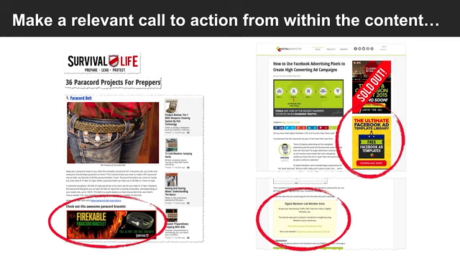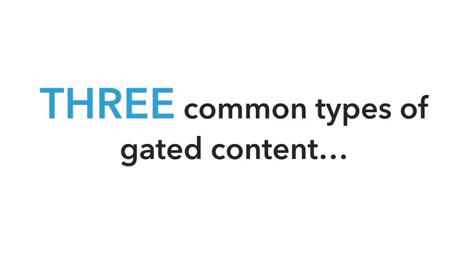Hang the right billboard inside of the content and give it to the right audience based on what they're doing, what they're reading, what they're listening to. And then the second thing is you want to be setting pixels, as Molly will teach you in here, and retargeting people based on what it is they're consuming, making the right offer once again to the person based on what they're reading or listening to.